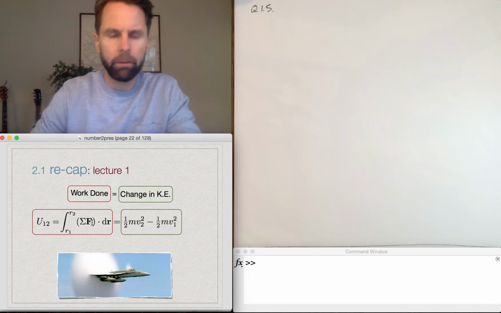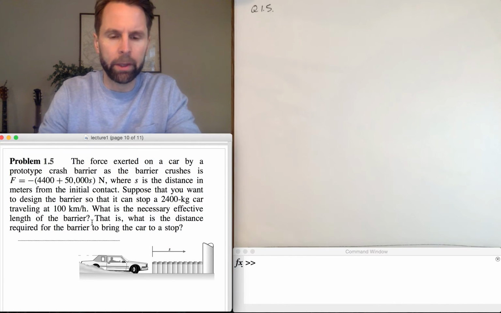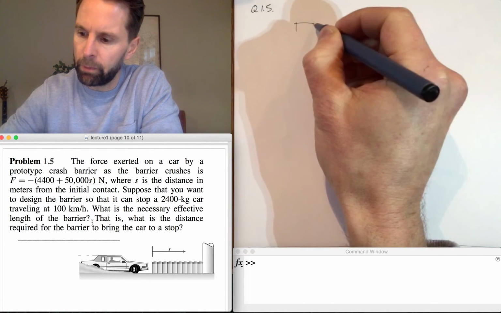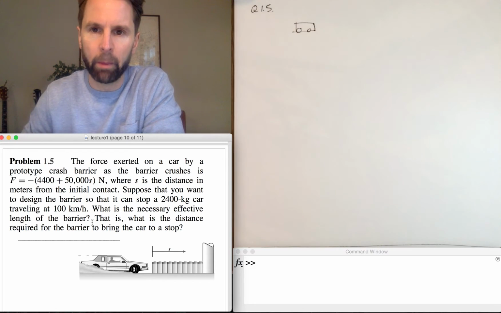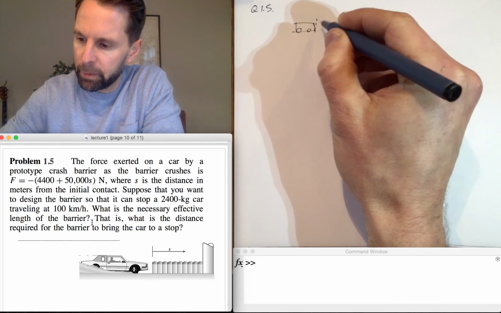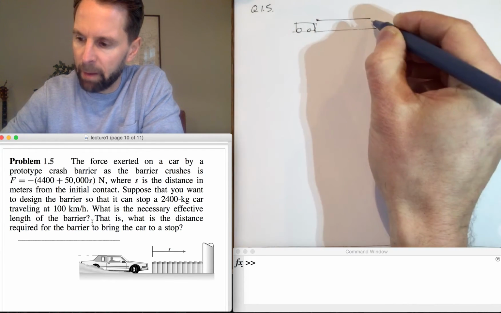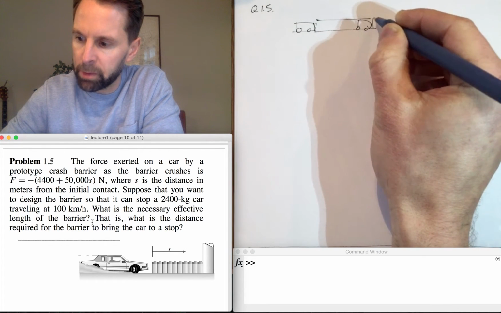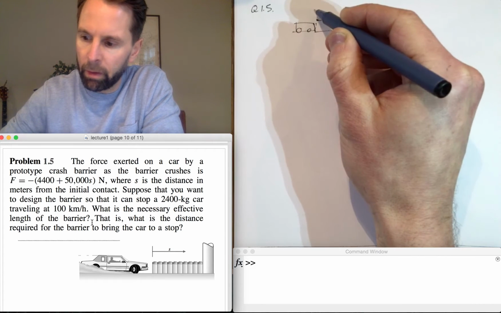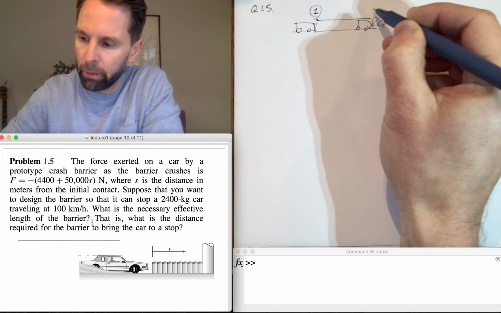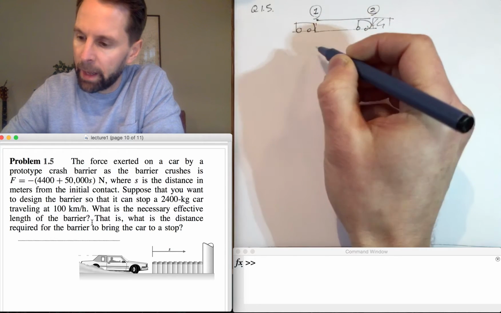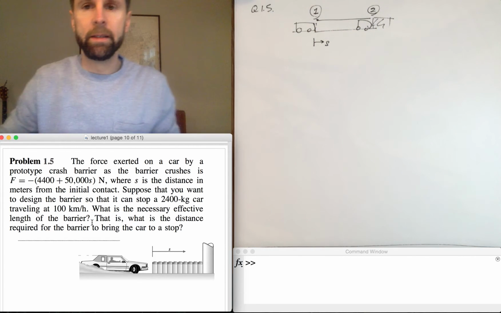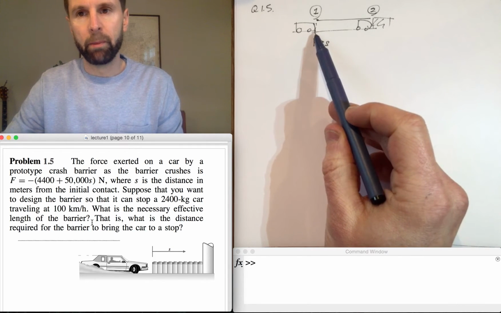Okay, so let's go back to the question and draw a bit of a diagram. So we've got my picture of a car at the position when it hits the barrier, and then here's the car again once it's stopped, and I'll call that position 1 and I'll call that position 2, and in the question it says that S is the distance from the initial impact.